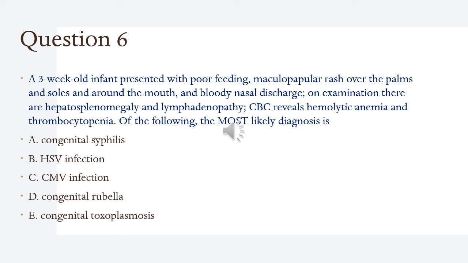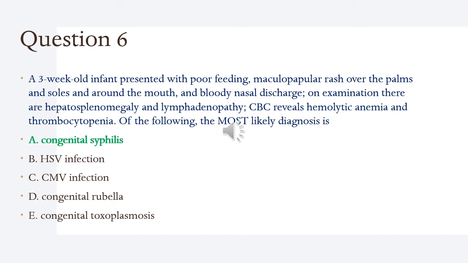So hepatosplenomegaly and lymphadenopathy, bloody nasal discharge, hemolytic anemia and thrombocytopenia, maculopapular rash over the palm and sole and around the mouth, all of this is congenital syphilis. We have seen cases of congenital syphilis, and it's the typical presentation. So the answer here is congenital syphilis.